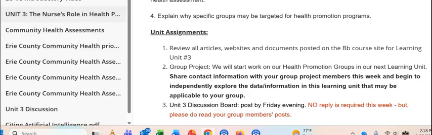In this learning unit, I want to make sure that everybody shares their contact information with your group members. If you don't know your group members, share how to get a hold of you, what times are best for any meetings, or how you're going to share information and talk with your group members.